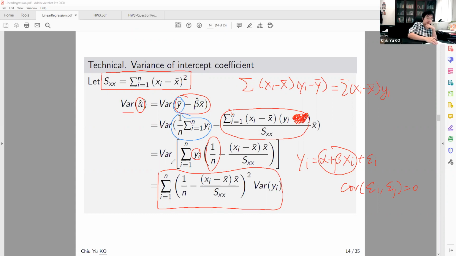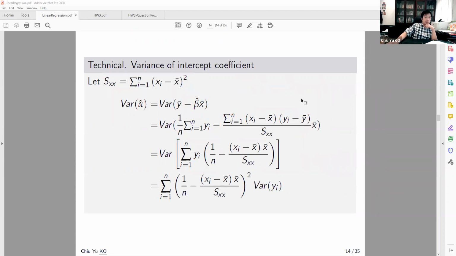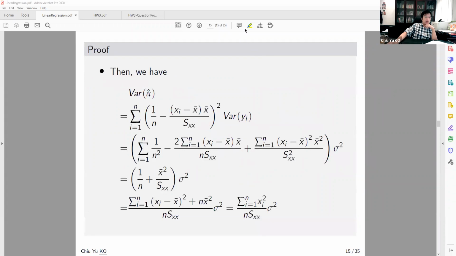How do you proceed there? This is the last step here. How do you continue? This is the same as this one, because the variance of yi is the variance of alpha plus beta xi plus epsilon i.